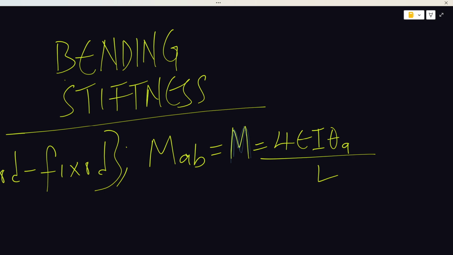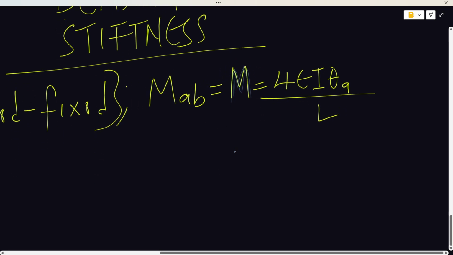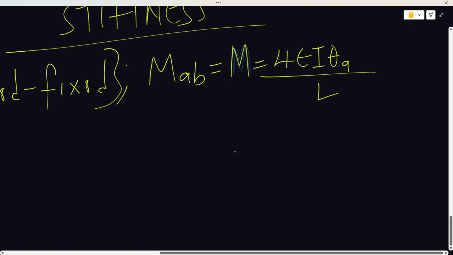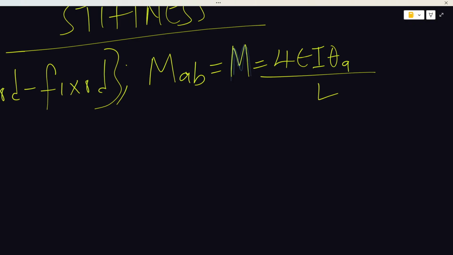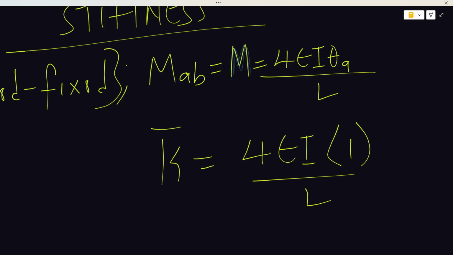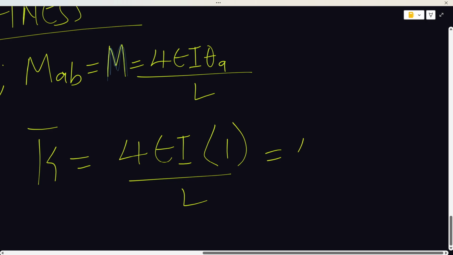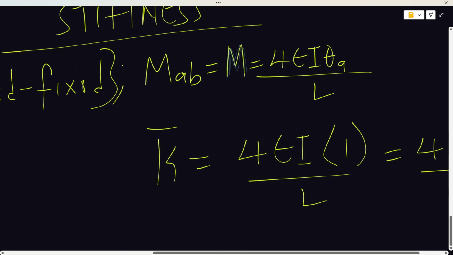So it means that I can say my bending stiffness K bar for a hinge fixed is going to be 4EI times 1 over L, which is equal to 4EI over L. Moment applied.